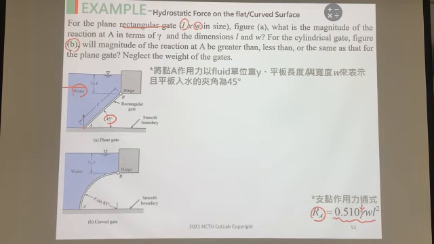But our question is B. Initially the plate along AB is flat, right? If you change the flat surface to a curved surface, how does the reaction force at the A point change? You only have 3 options: greater than, less than, or the same.